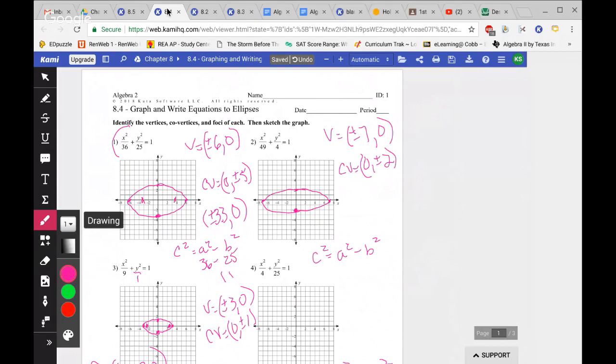So I have 49 minus 4, which gives me 45. So C squared is 45, and the square root of 45 is 6.7. I'm sorry? 6.7. Okay, 6.7. Thank you. And that's going to be plus minus 6.7.